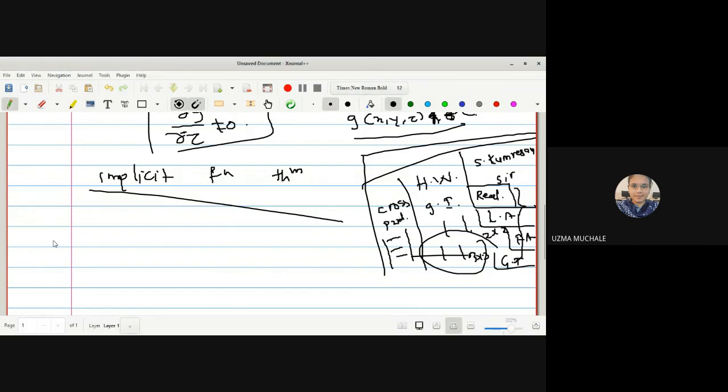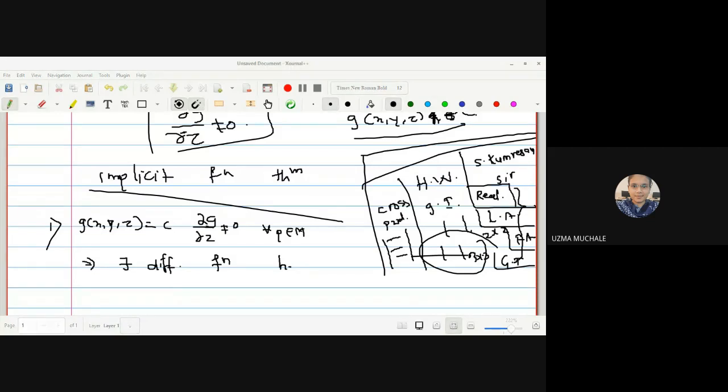Okay, let me write down the result. What is given with the help of the condition g of x y z equal to constant and derivative of g with respect to z is not equal to 0 for all point p of a surface M. So it ensures that there exists a differentiable function, this differentiable real valued function h. What is a condition on that function?